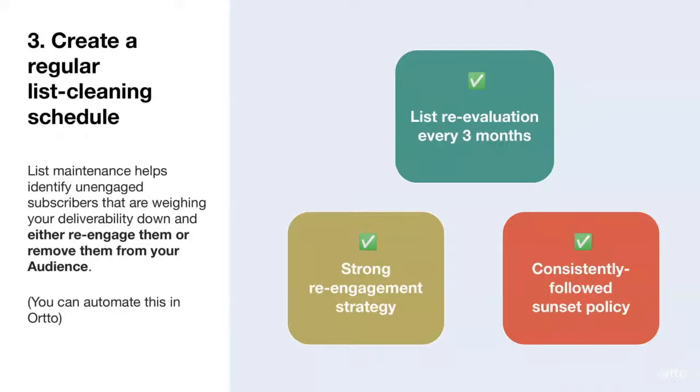It's still relevant, and you're still somewhat able to be on their mind in that time frame. So doing that every 3 months, having things set up to do that, even with something like Ordo, we have automations of that type, is really just strengthening your marketing strategies and your ROI.